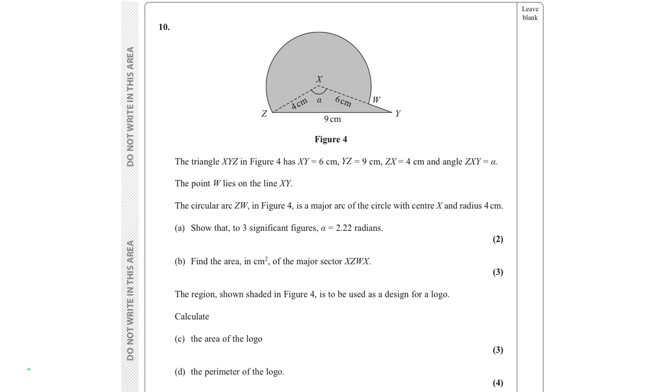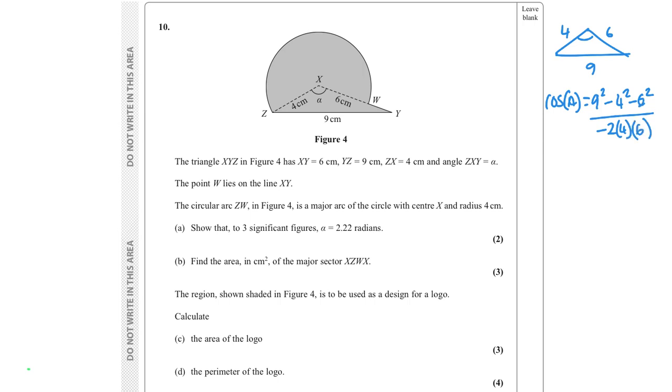Okay. So think about this, we have a triangle, we have three sides and we want to work out alpha, so I'm going to use cosine rule. So cos A equals b squared plus c squared minus a squared divided by 2 lots of b, c.